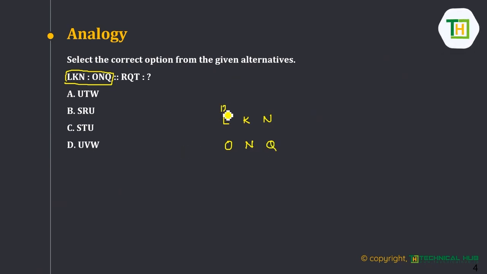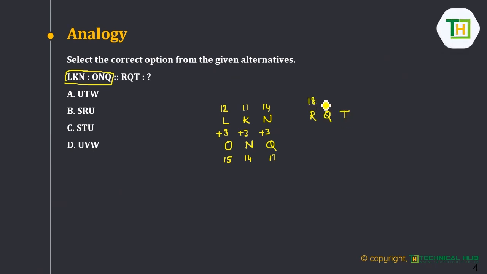L is the 12th letter, K is 11th, N is 14th, and O is 15th, N is 14, Q is 17. So it is very clearly evident that it is 12 plus 3, 11 plus 3 and 14 plus 3. That's the simple relation between the first pair, and I'll apply the same relation for finding the answer. So RQT.